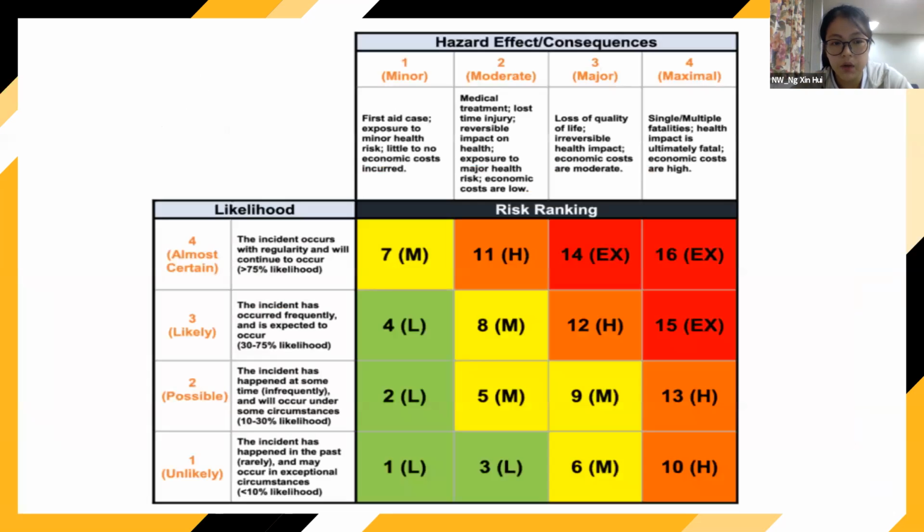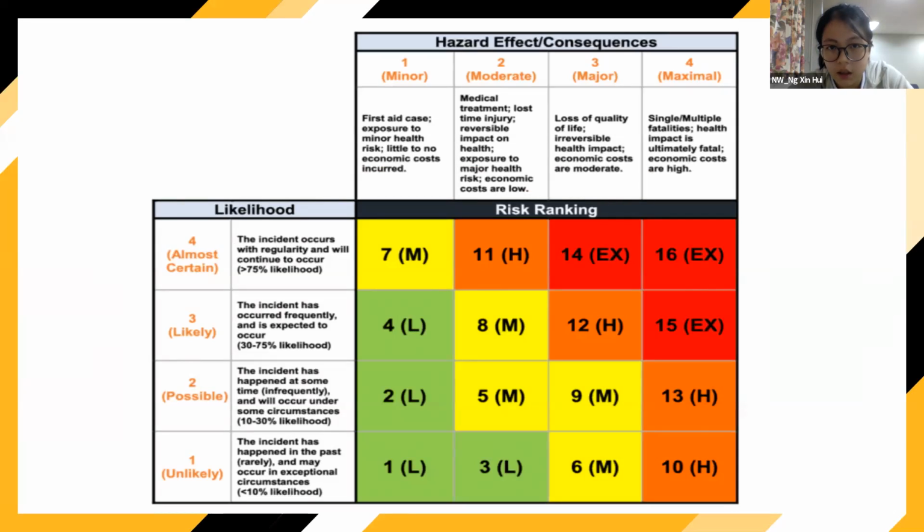So this is an example of a matrix used to calculate the risk level of a possible hazard identified. You have to rate the likelihood and severity according to the description and calculate the risk level by multiplying both numbers together. You don't have to know these two in depth, and the matrix used for different organizations or different schools are different. So it really depends on what school you are planning for, what event you're planning for.